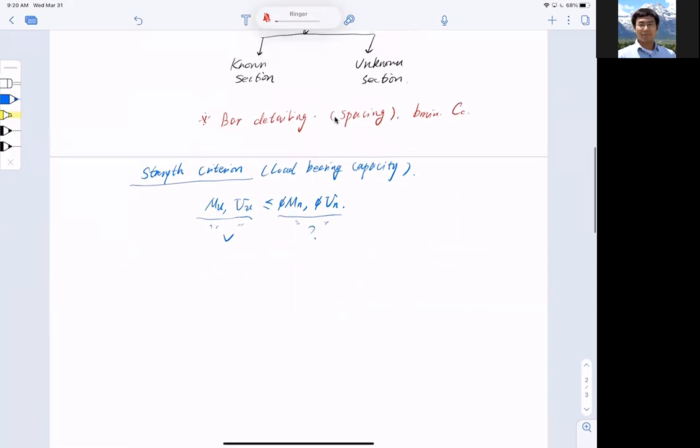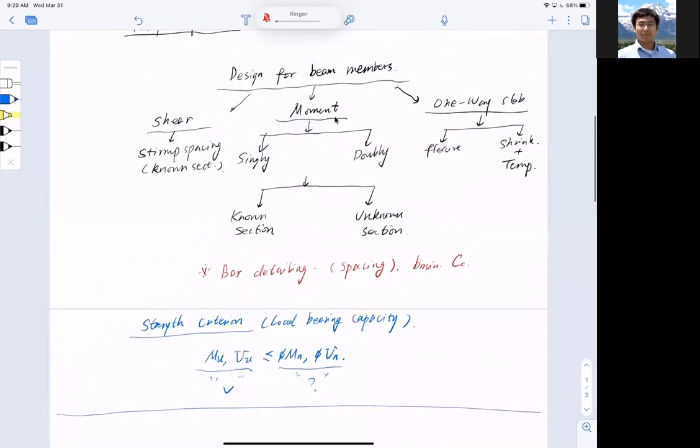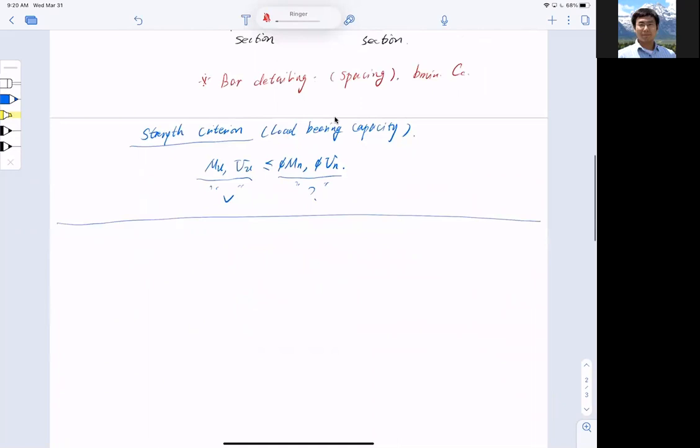So the whole thing so far is based on the strengths, based on the load carrying capacity. Okay. But today we're going to show that not only do we have to care about the strengths, we also have to care about the serviceability, right? So let's recall design criteria. There are two design criteria, right?